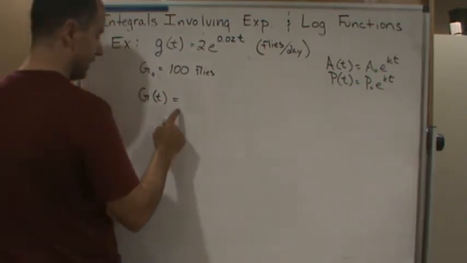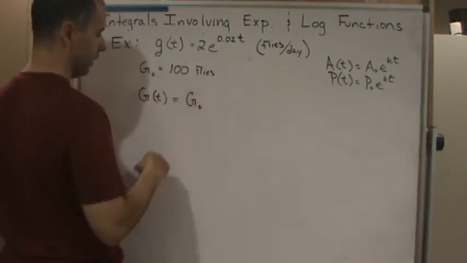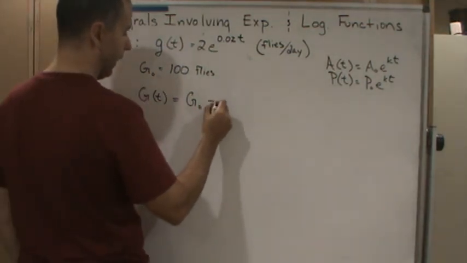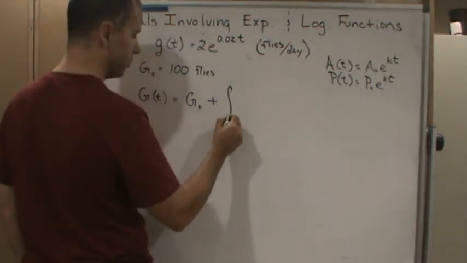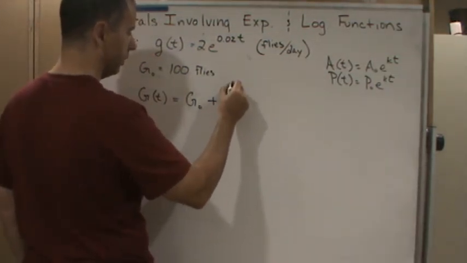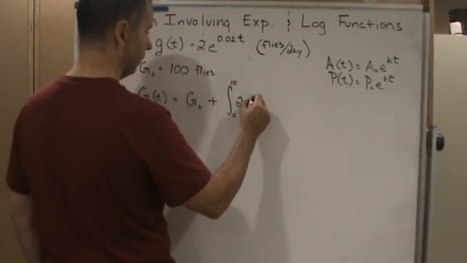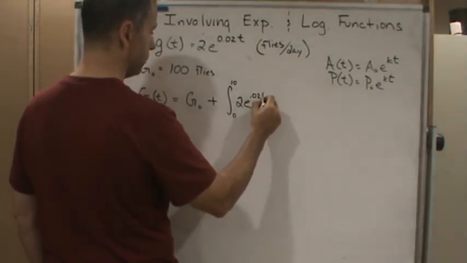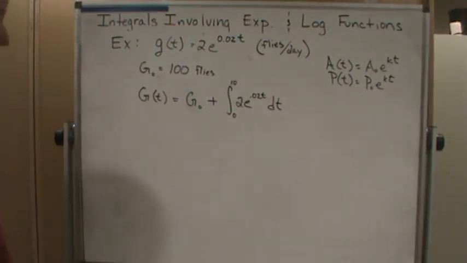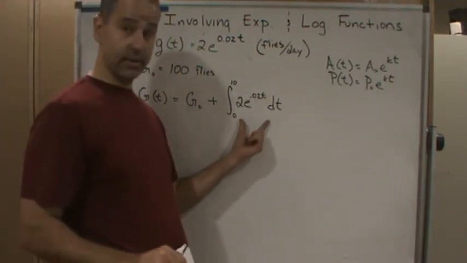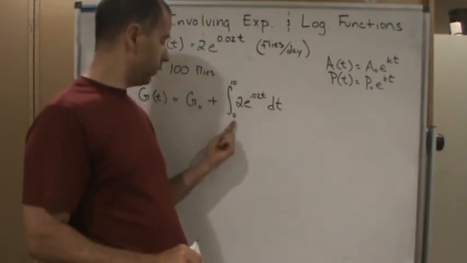The net change theorem says, if I start with the initial amount, G naught, and then add on the amount that it grew, well, that's going to be the definite integral from 0 to 10 of 2e to the 0.02t dt. And this gives us the net change from 0 to 10.